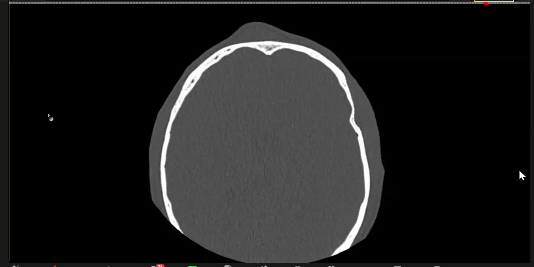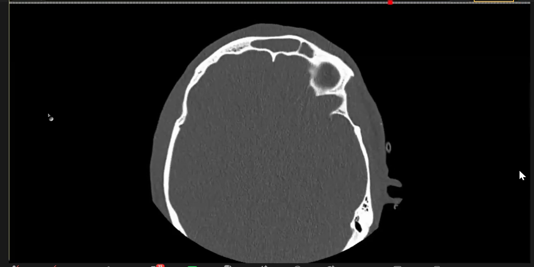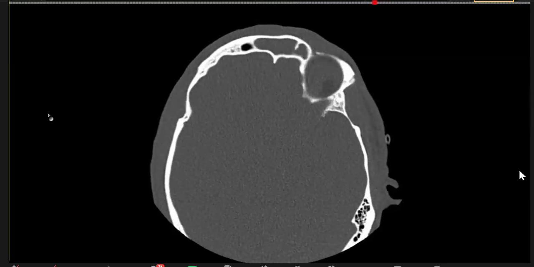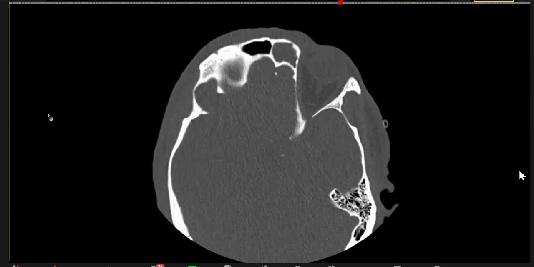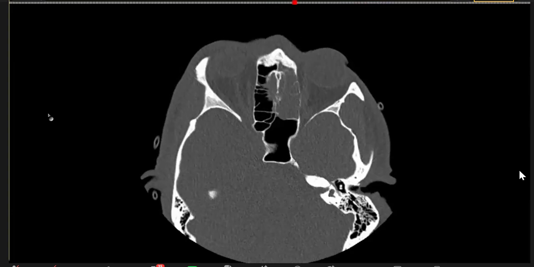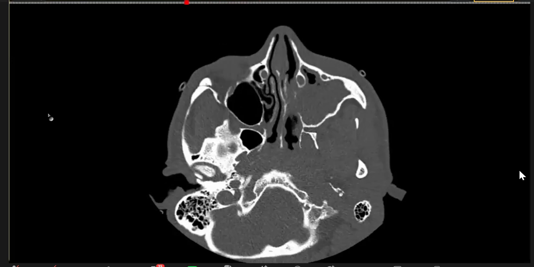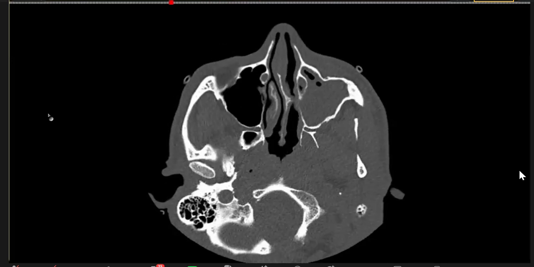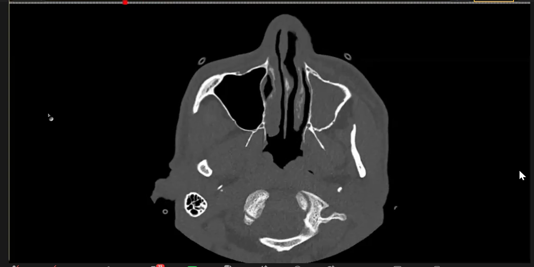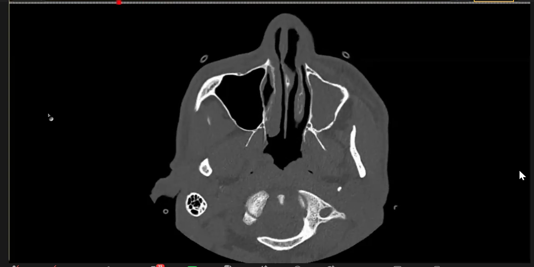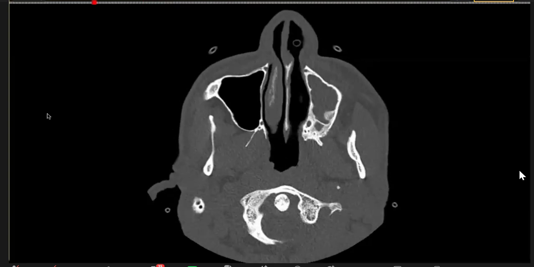Okay, I can see that there is mucosal thickening seen in the frontal sinuses, left frontal sinus, and ethmoid, left ethmoid as well, and also the left maxillary sinus, with hypertrophy of the inferior turbinate on the right side, and there is some sort of nasal septum deviation.